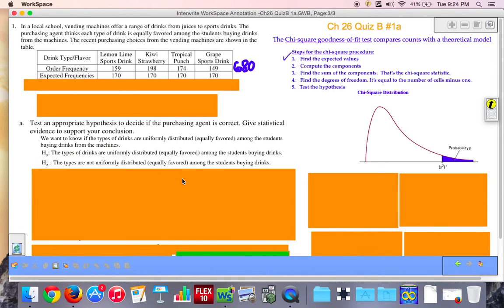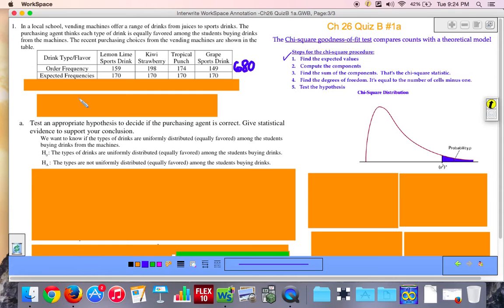Again, we have to check our conditions. There are a few new conditions with the chi-square distribution. The first one is the counted data condition. When we deal with chi-square distribution, we need counts, which means we need the number of lemon lime sports drinks that were recently purchased and the number we expect to be purchased.